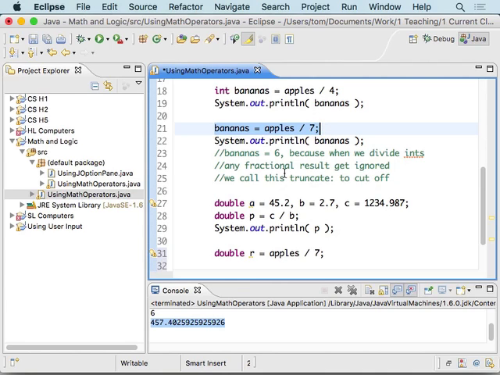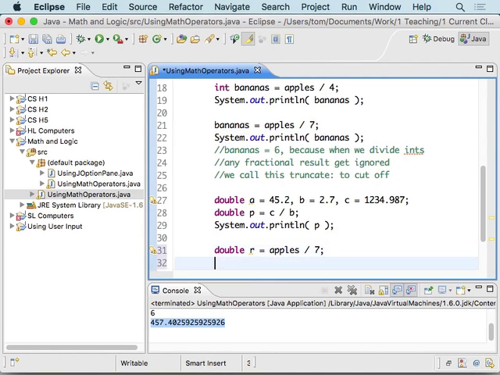But it's a little bit weird. If I print out R, apples was 6 point something, right? We expect that this would be like 6.8 something. I don't know exactly what it is.